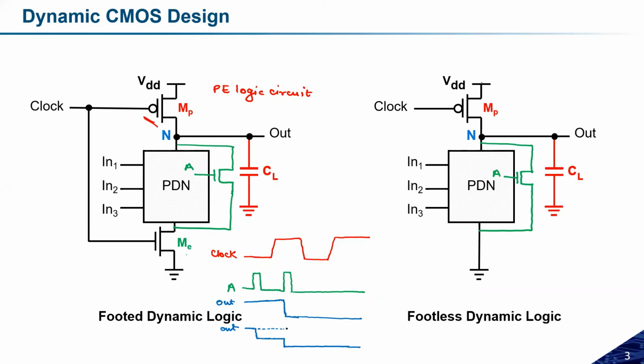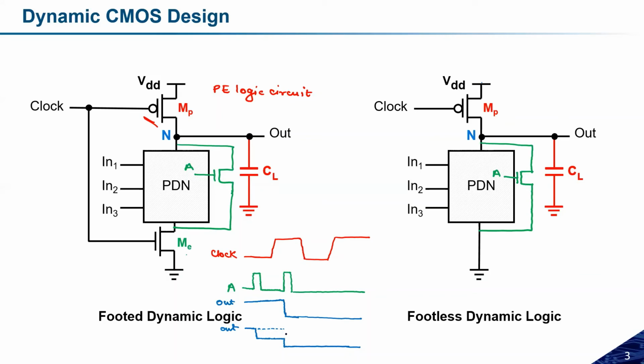One more solution is that if we are able to increase the size of MP, the resistance will be reduced, so we'll get more output. By changing the resistances, we can also change the voltage level: how much it could drop, how much time it will take to discharge.